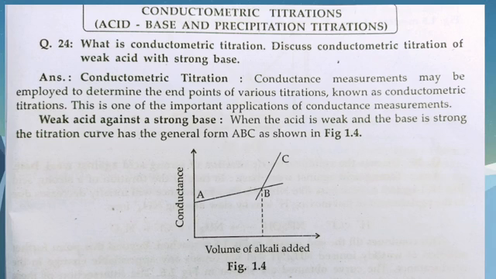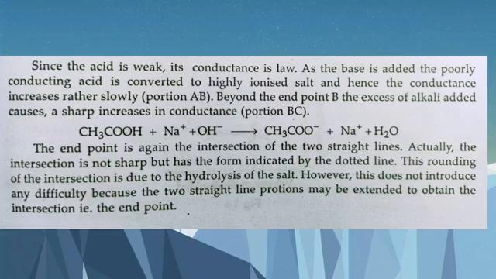You can find over here what happens. First of all the conductance increases up to the B, and as soon as the B point is achieved, conductance sharply increases up to the C. So that is the conductance titration of the weak acid against the strong base.